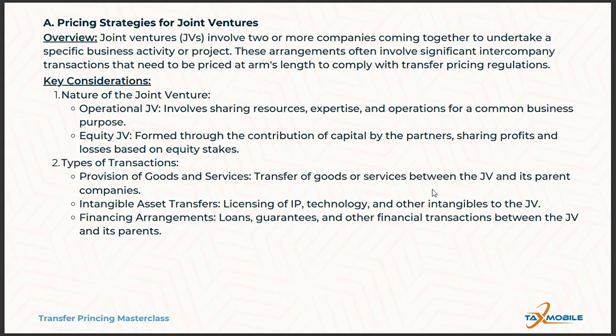Pricing should be based on the expected economic benefits of the intangibles. Now, on financing arrangements, loans, guarantees, or other financial support provided by the parent companies, transfer pricing must ensure that interest rates, repayment terms, and financial guarantees reflect arm's length principles.